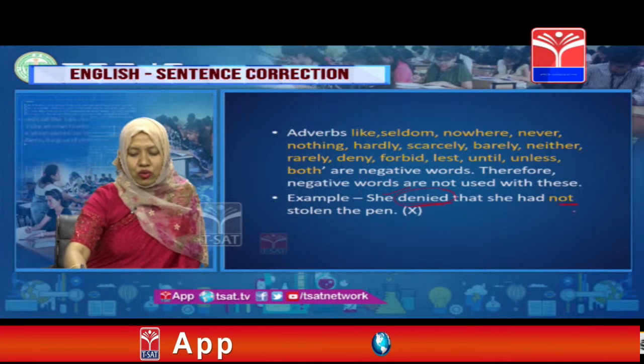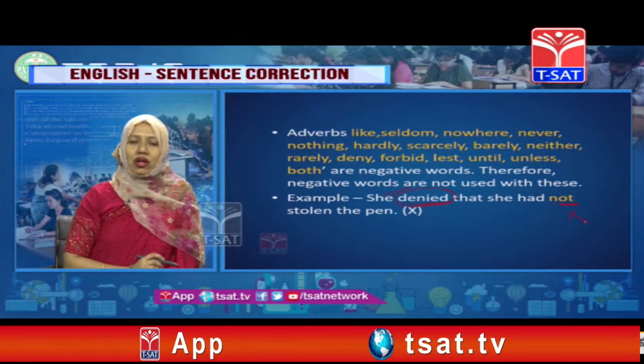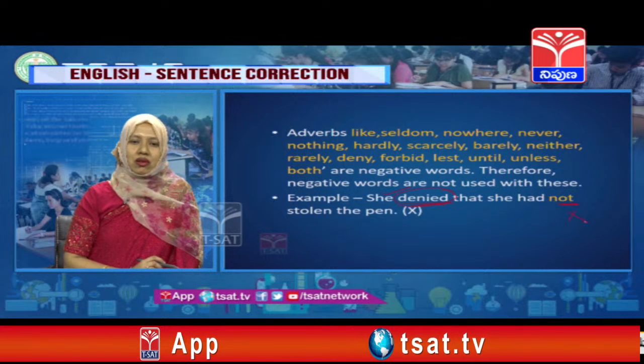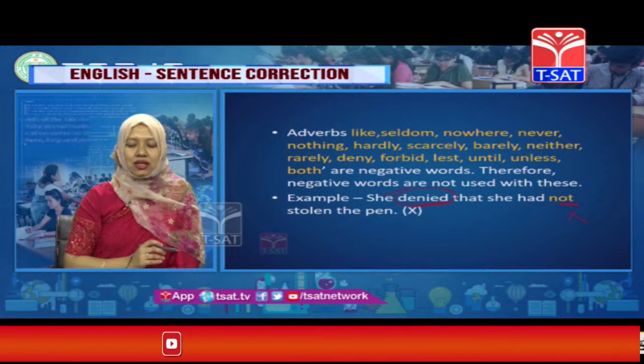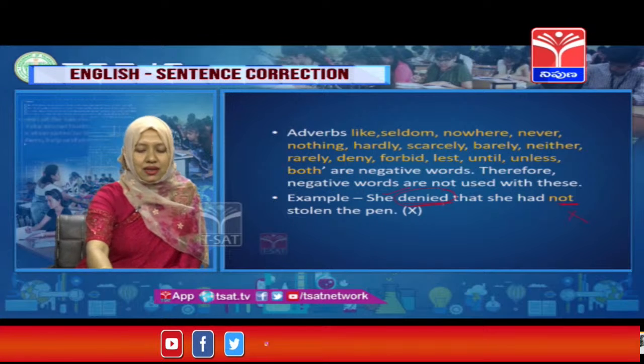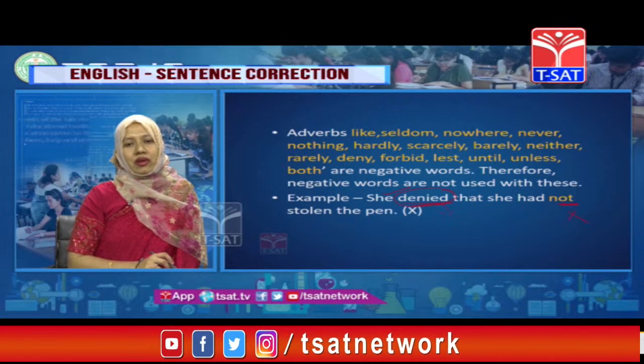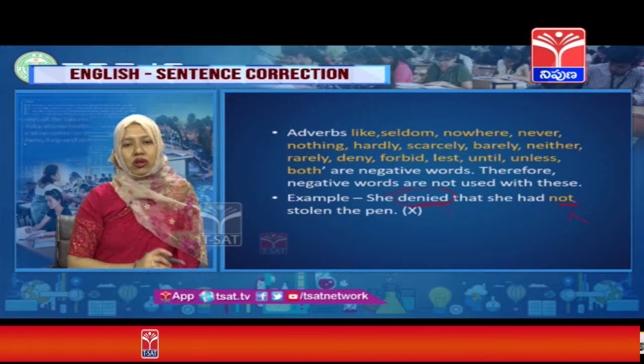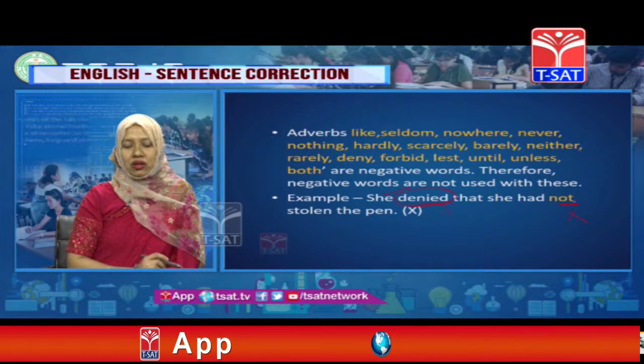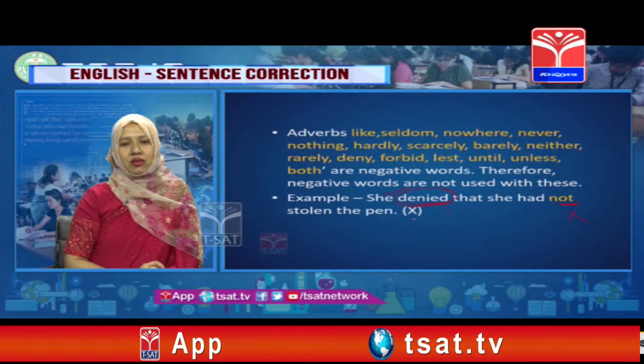There is no need of using one more "not" in the sentence. "Denied" itself is saying that she has not stolen the pen. There is no need of using "not". If you use "not", then the sentence is wrong here.